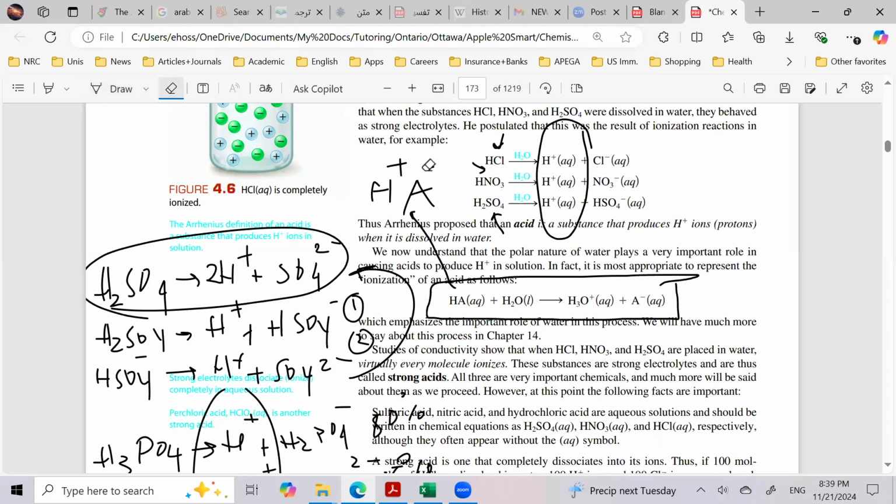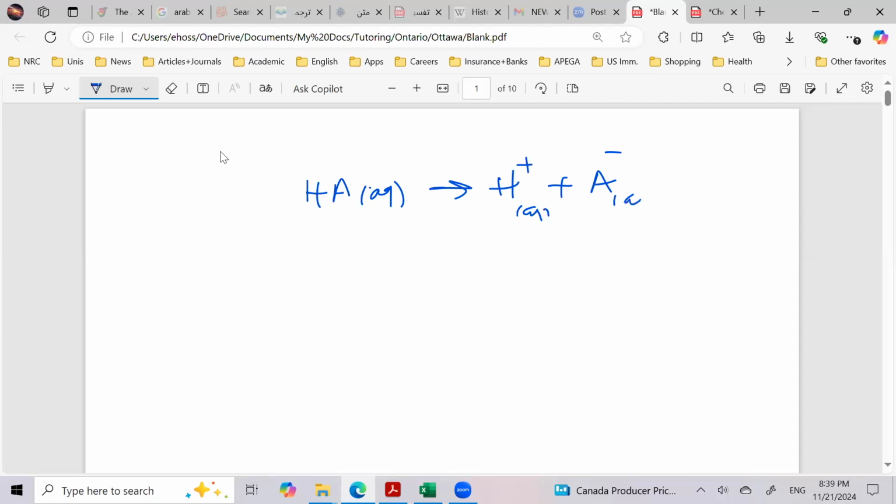Let me actually write this down for you. If you write it as HA, aqueous, without writing water, you can just show it as H plus A minus, and aqueous. So it means just like HCl in water. You see? HCl, when you say aqueous, it means it's in water.